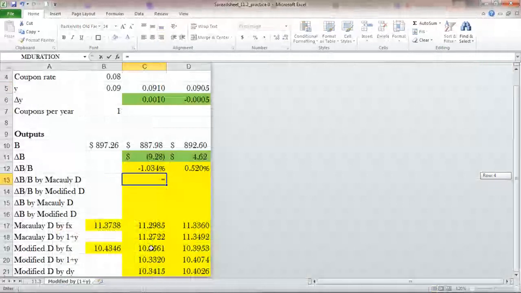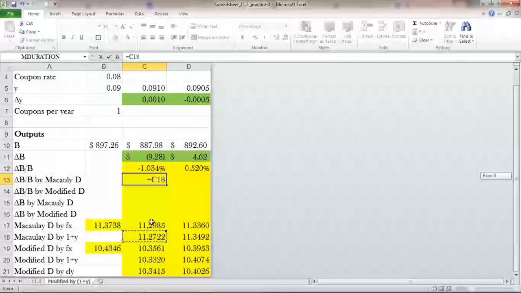Okay, so Macaulay duration is here. I can either use this or use this, but let's use this. So duration times change in yield over 1 plus y.